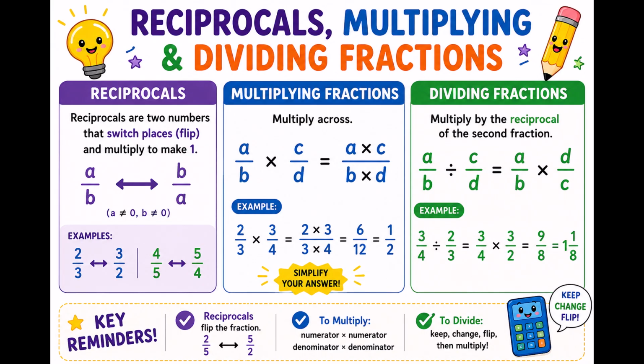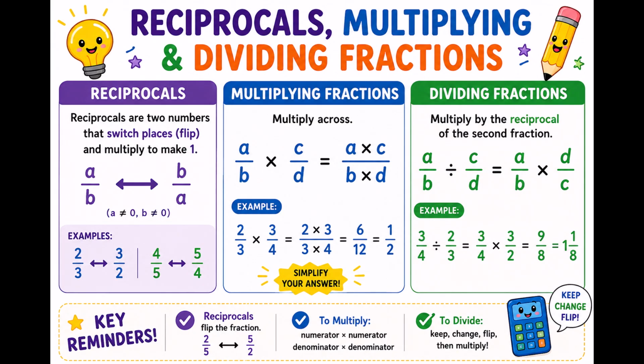So key reminders: a reciprocal is made by inverting a fraction, flipping a fraction, okay? To multiply fractions, multiply the numerators and multiply the denominators, then simplify if needed. To divide fractions, remember the rule: keep, change, flip, then you multiply, and finally simplify if necessary.